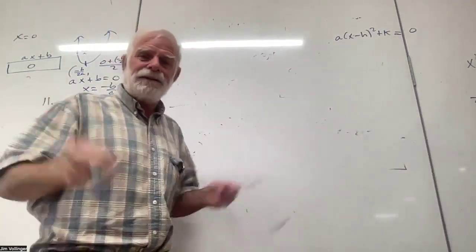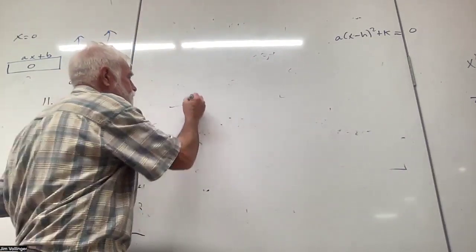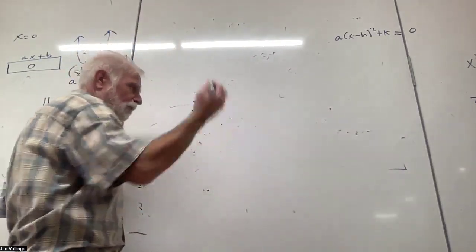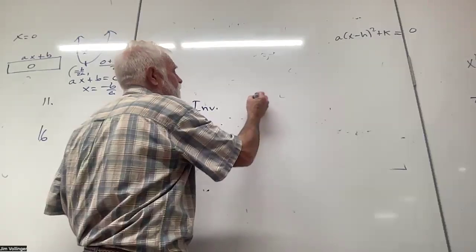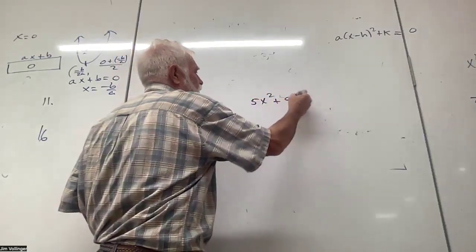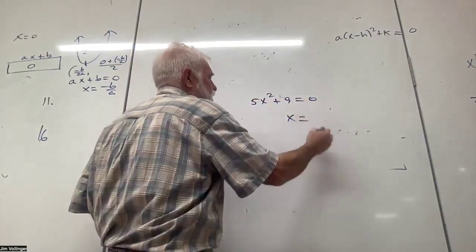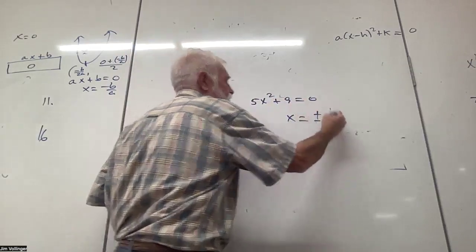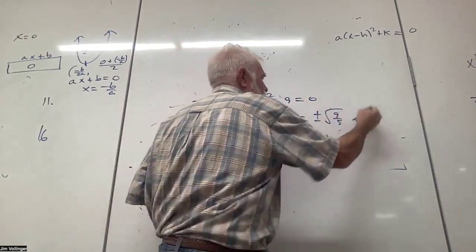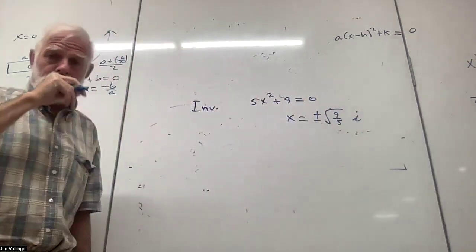Okay, but basically, type A, inverse operations. One more time, type A. 5x squared plus 9 equals 0. X is equal to plus minus the square root of 9/5 imaginary. You do it out, that's what you should get.